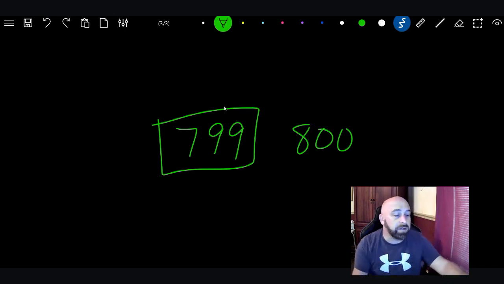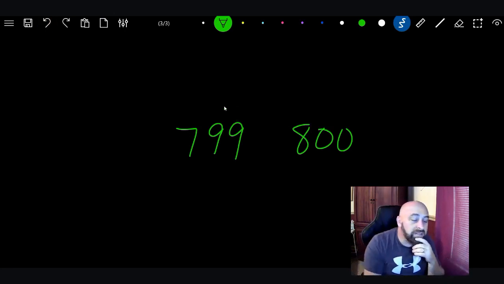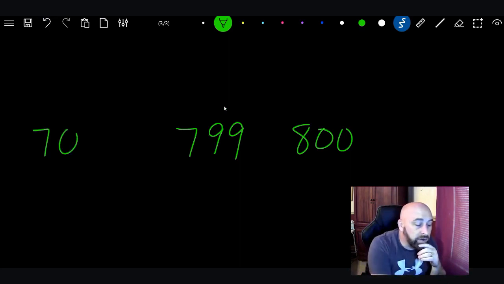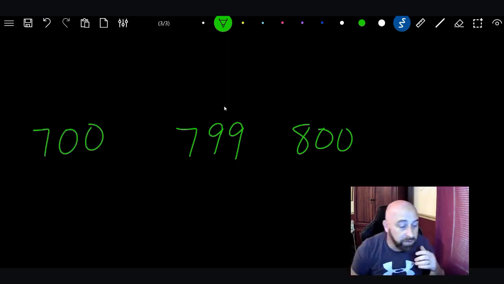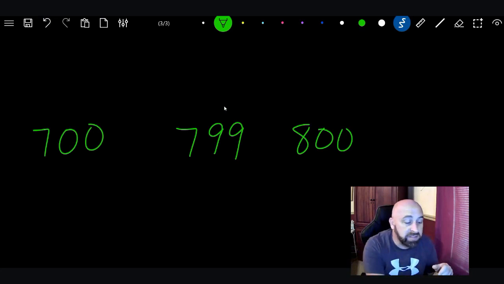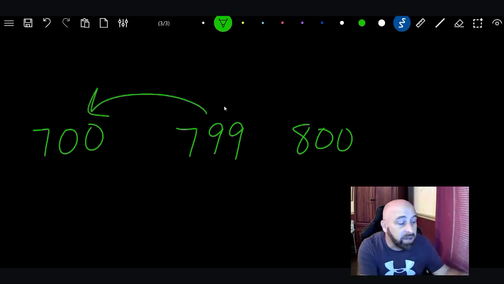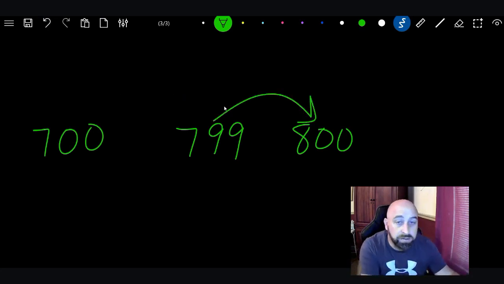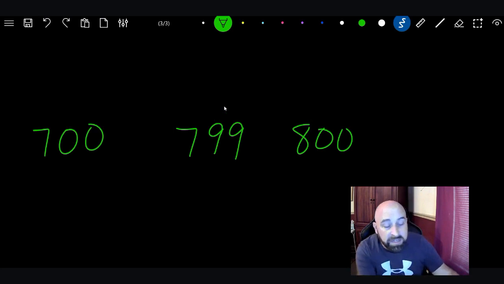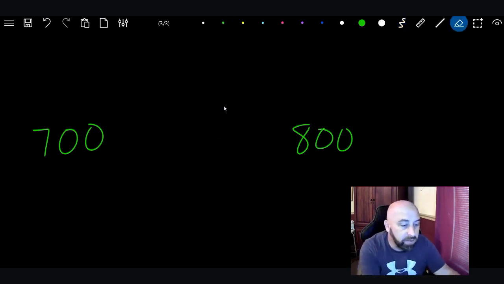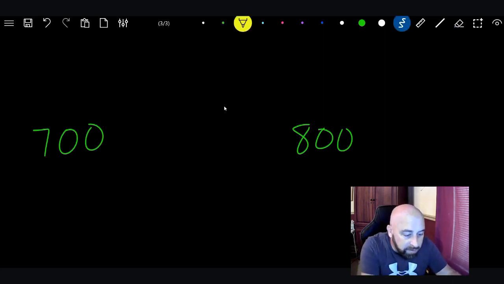Now, here's what we do. We say, here's another 100. 700 is another 100. Which one is it closer to? Is 799 closer to 700, or is 799 closer to 800? Well, 799 is much closer to 800. Maybe this is what it would look like if we wrote it like this. This would be 799.